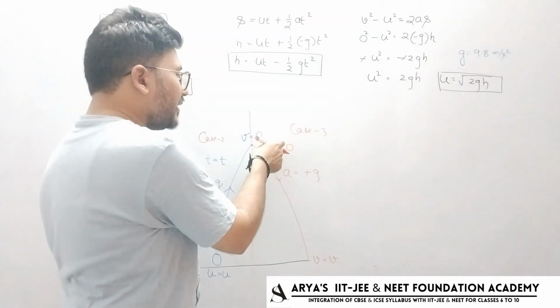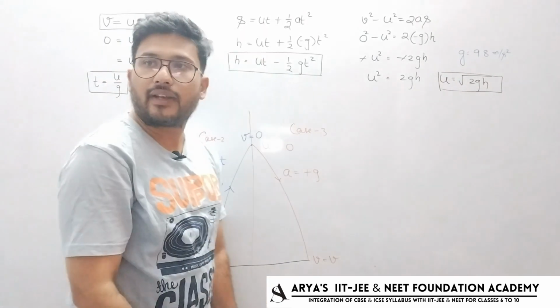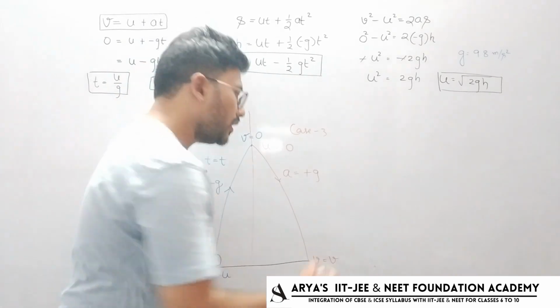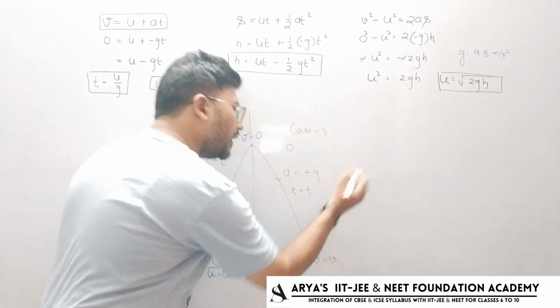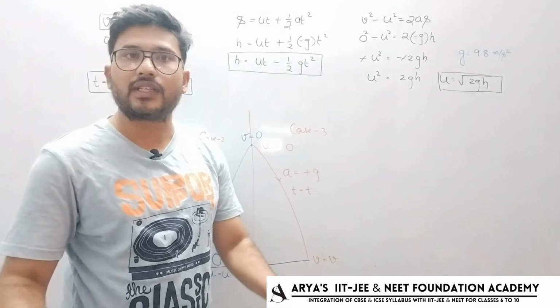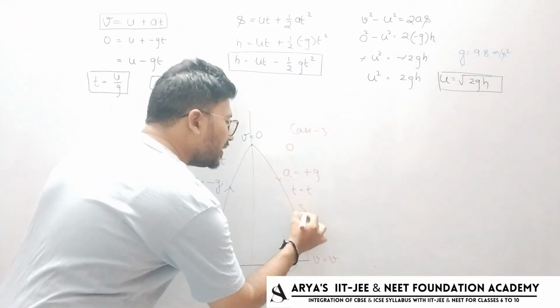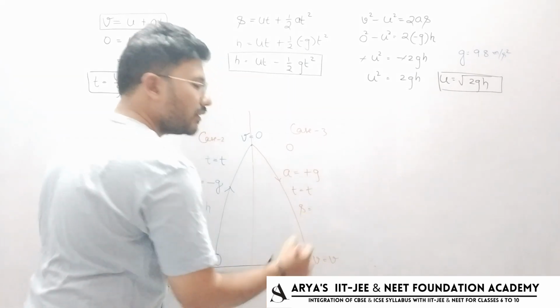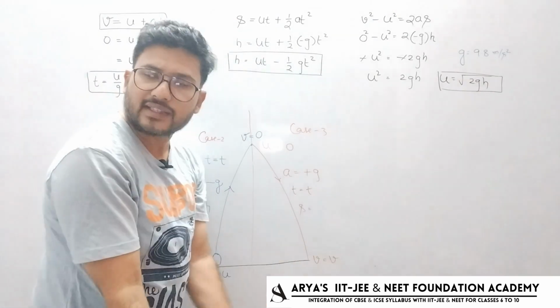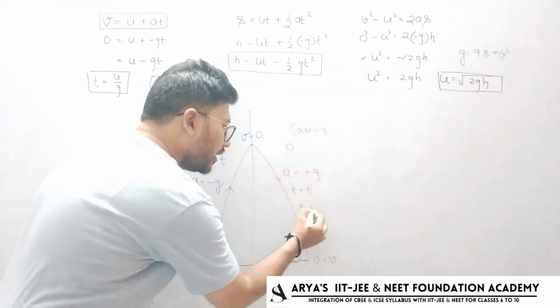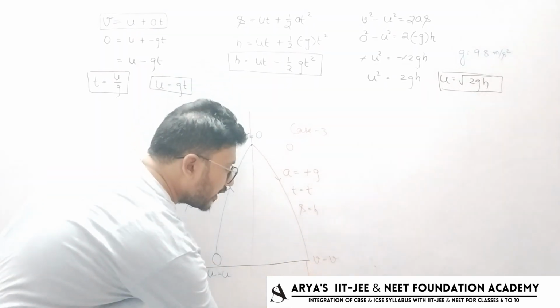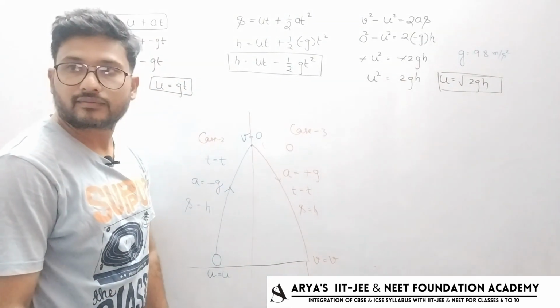From this height to the ground, it will take some time, and the value of t is t. Then from here to here, it will travel some distance. What is that? H, because it is coming down from the height.